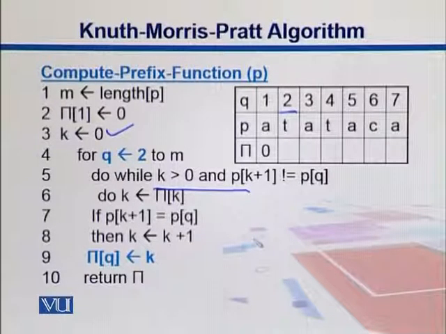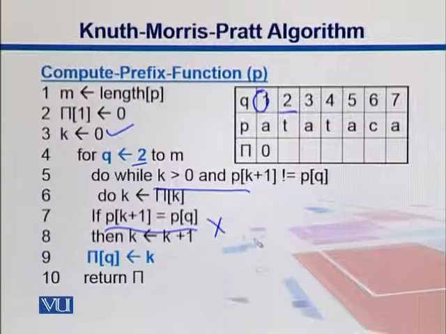We look at p of k plus 1, which is 0 plus 1, so the first character, and we compare it with p of q, where q is 2. So we are comparing the first and second character, and they mismatch. So we won't go here either.